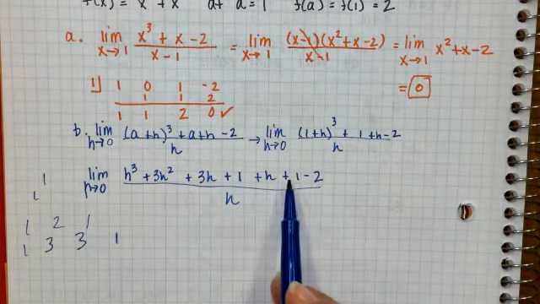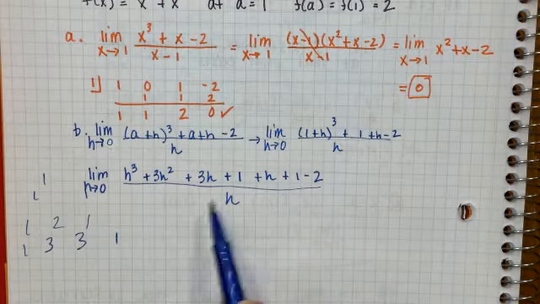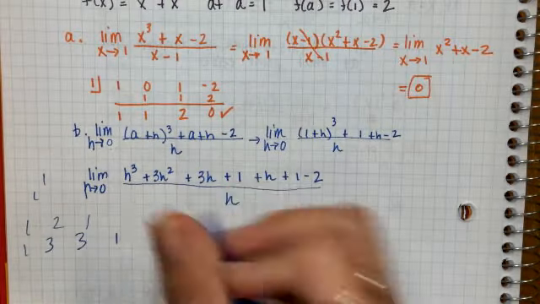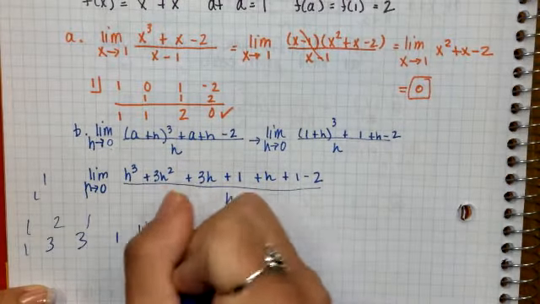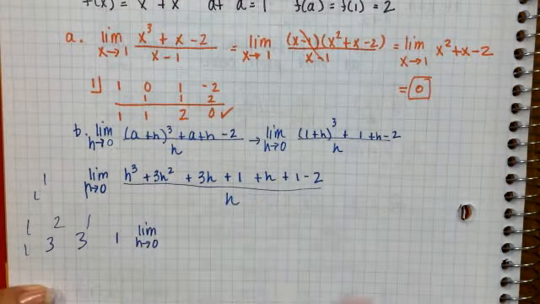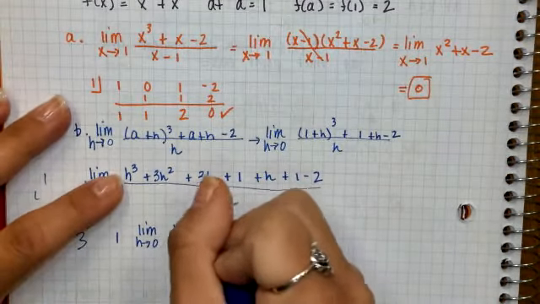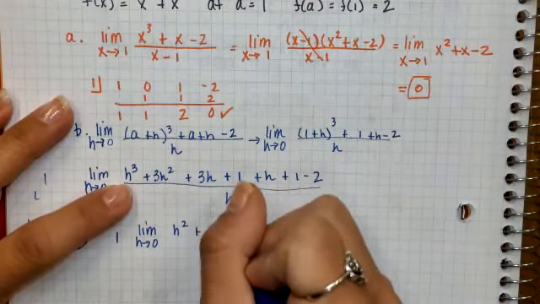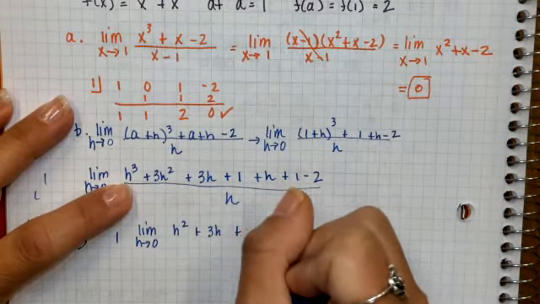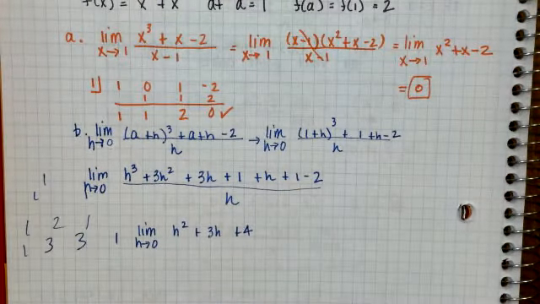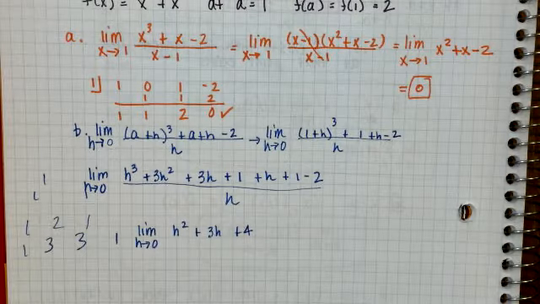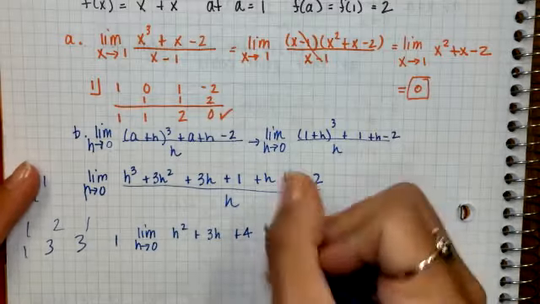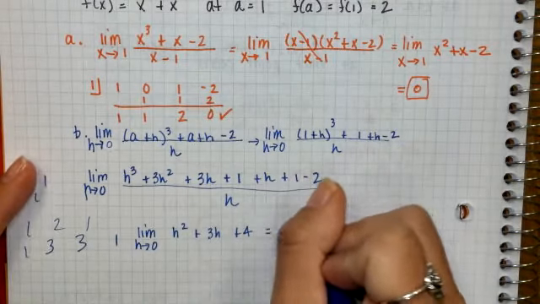Okay, 1 plus 1 minus 2 is 0. And we have 3h plus h, which is 4h. So when you factor and you reduce, you should get h squared plus 3h plus 4. So the limit as h approaches 0 is 4.